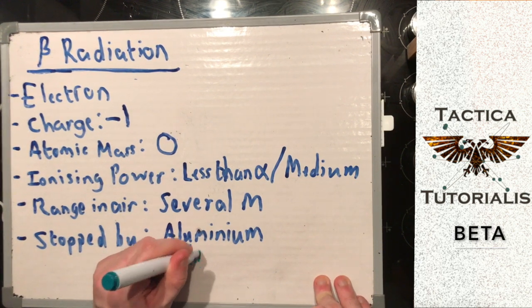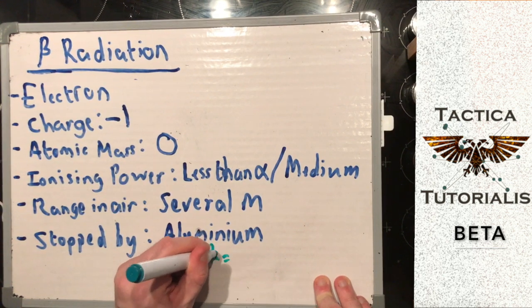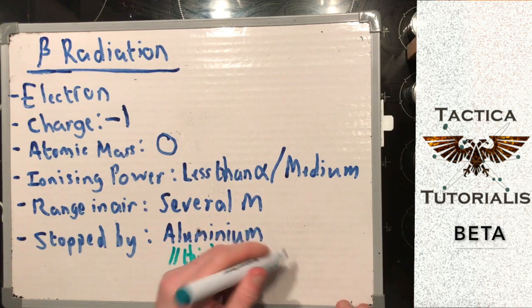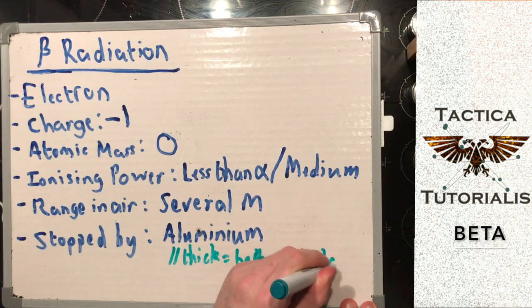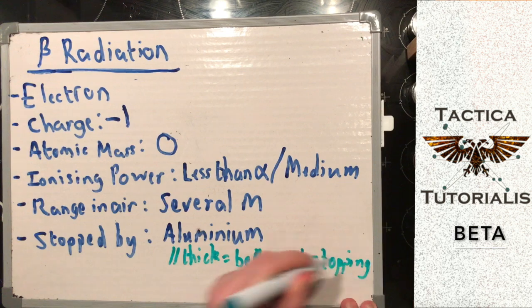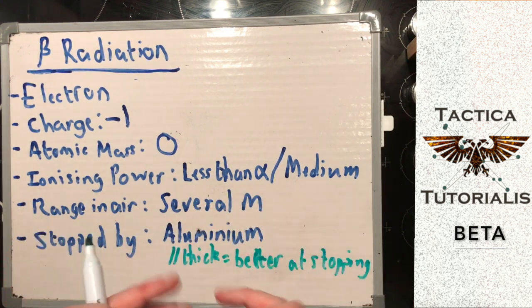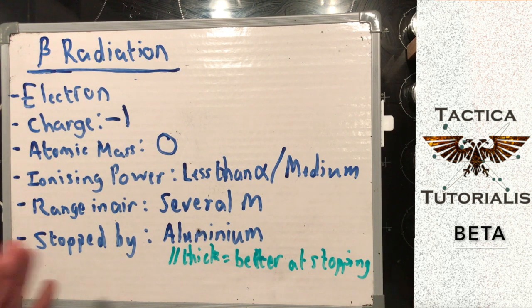So thicker aluminium is better at stopping beta, and you can use this to monitor how thick aluminium sheets are, which is very useful, for example, in manufacturing. They actually do use this method, which is something you'll learn about as part of this topic, though probably not with me. So that's beta radiation.